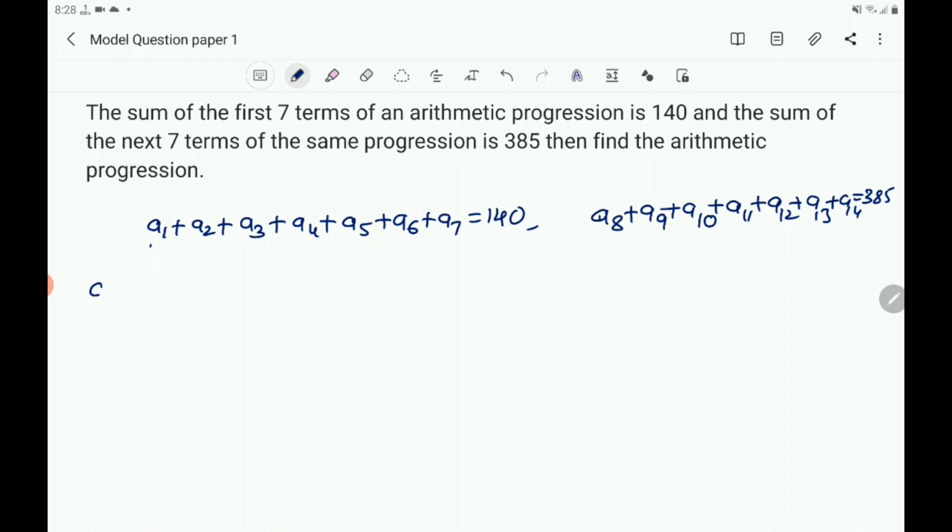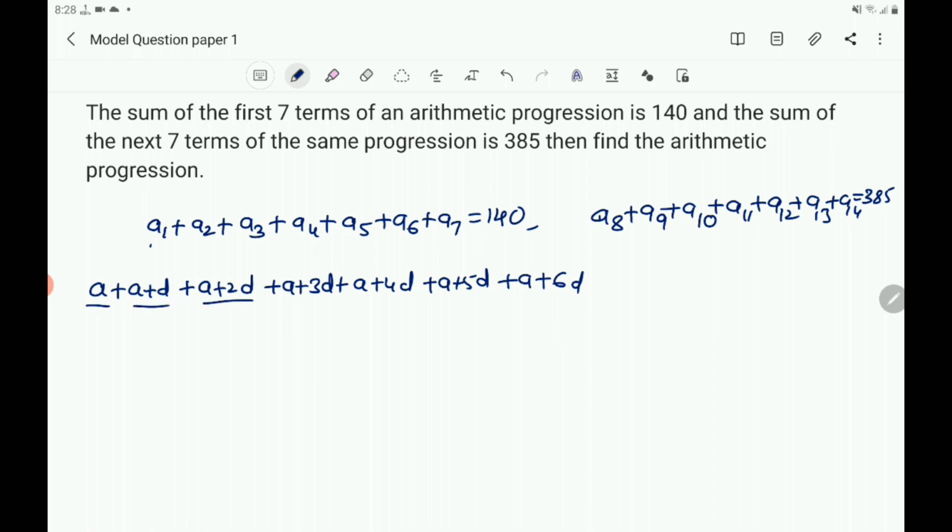Then you write, here you take first one. A1 means A, plus A plus D, plus A plus 2D, plus A plus 3D, plus A plus 4D, plus A plus 5D, plus A plus 6D. A1, A2, A3, A4, A5, A6, A7. So you got it.